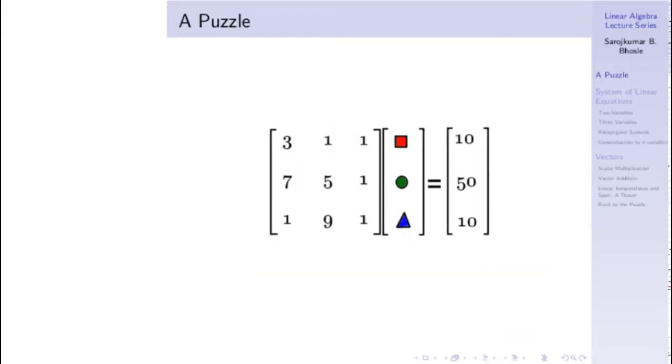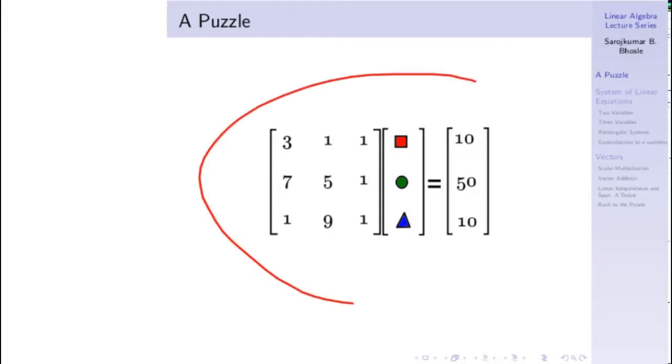Now the puzzle that we saw earlier can alternatively be represented by this equation involving a matrix. This matrix is famously called a coefficient matrix, and then we group the unknowns together into a column matrix or a vector, and we group the right hand side constants into another column vector.